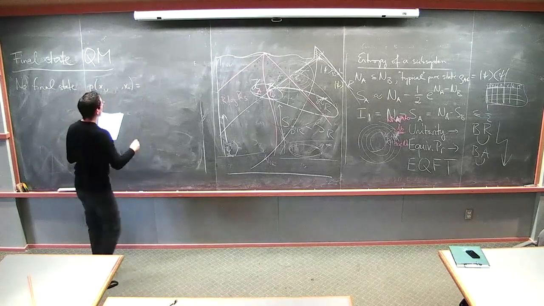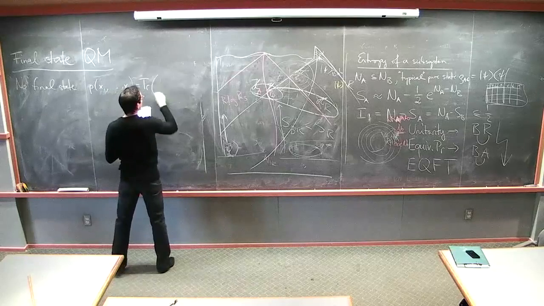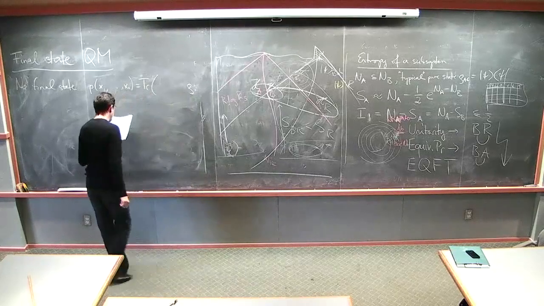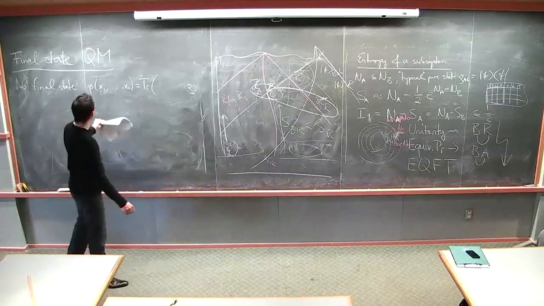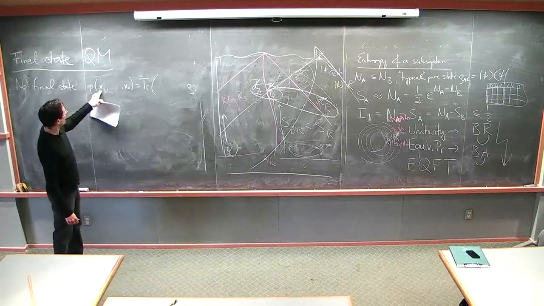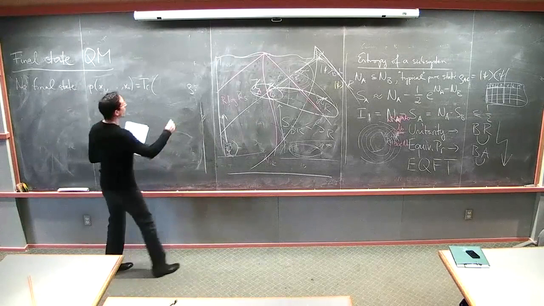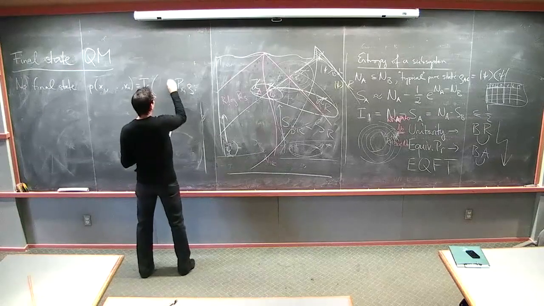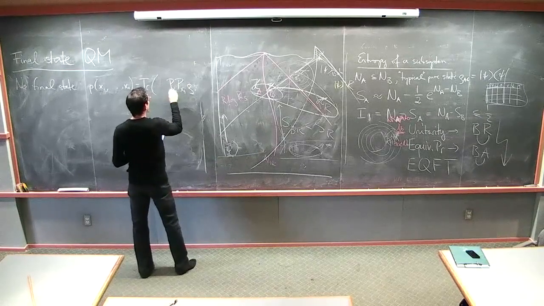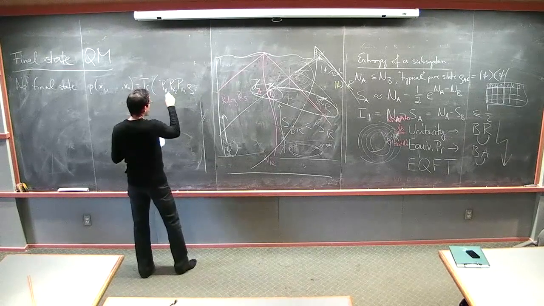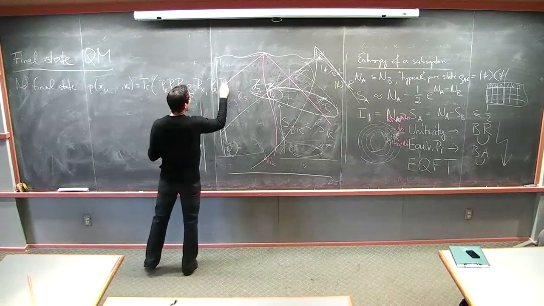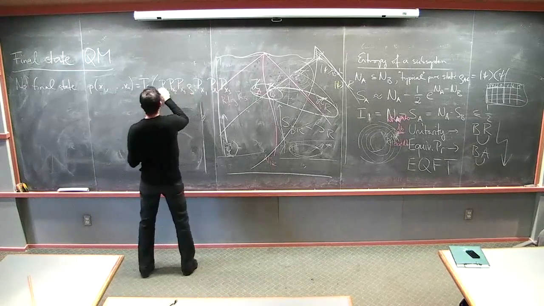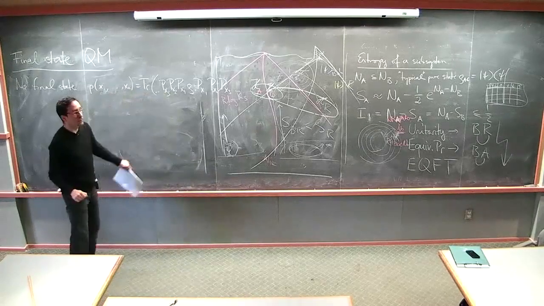Suppose I have some initial state, rho_I, and I make a bunch of measurements, each of which has outcomes. These don't have to be measurements of the same observable. They could be measurements of all sorts of different observables. And I just want to compute the probability of getting a particular sequence of outcomes.